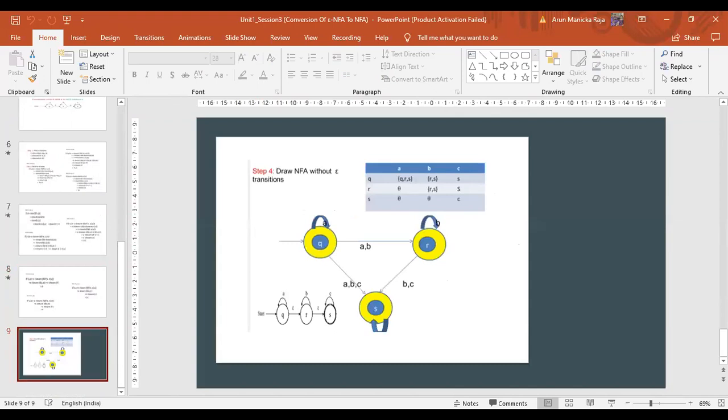Now we are on to the next conversion problem, that is epsilon NFA to DFA directly. The first problem we discussed is NFA to DFA conversion, right? The next one was with epsilon to without epsilon. Now we are converting epsilon NFA to DFA directly.